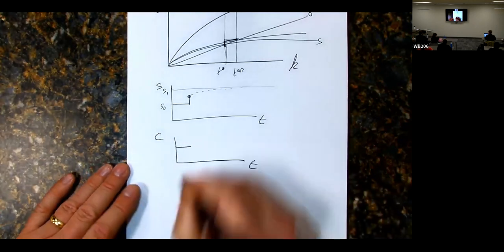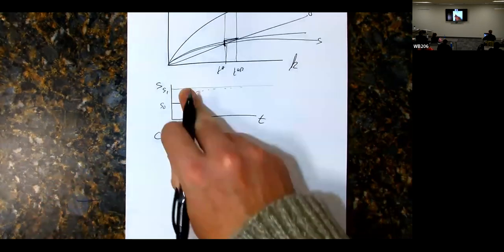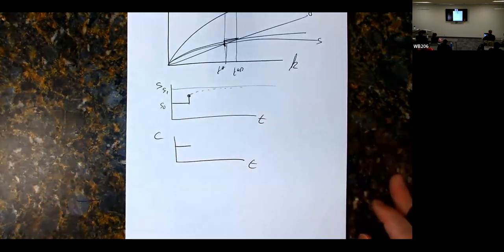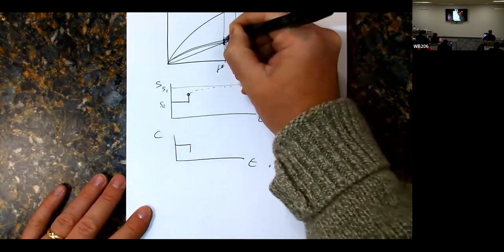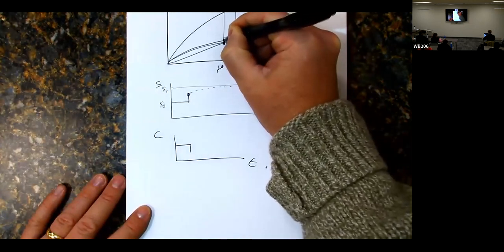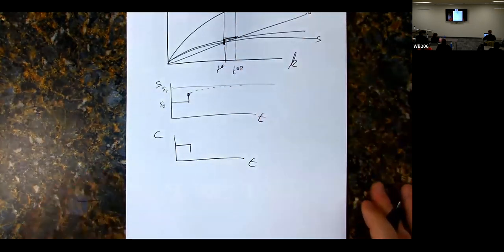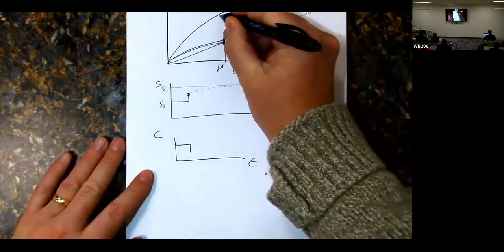Okay, well then what happens with consumption? We're at a steady state. We boost the savings rate. What happens to consumption? Yes, it falls. Initially it falls, right? Why? Because what we had been consuming, we are now saving. But then what happens in the long run? Output goes up.